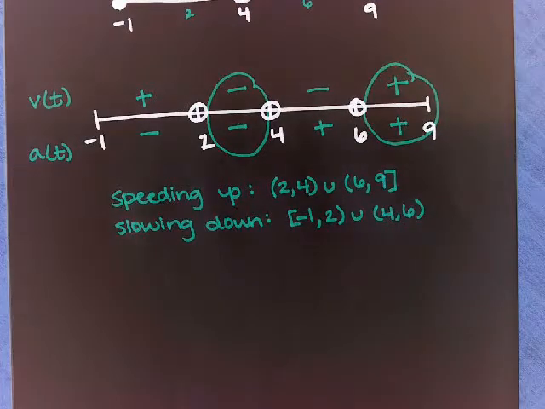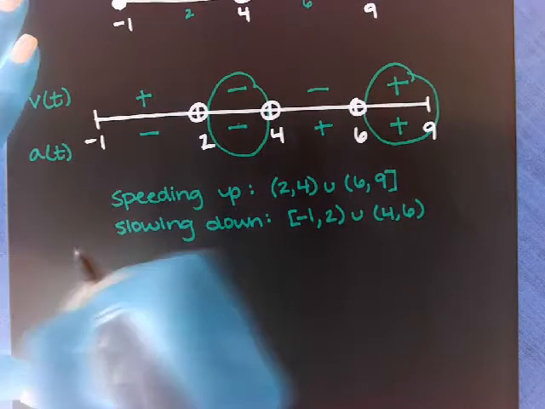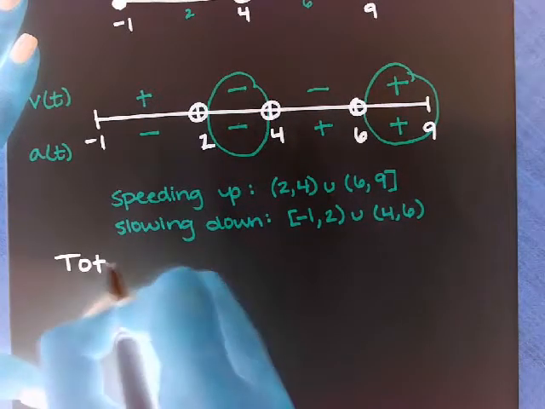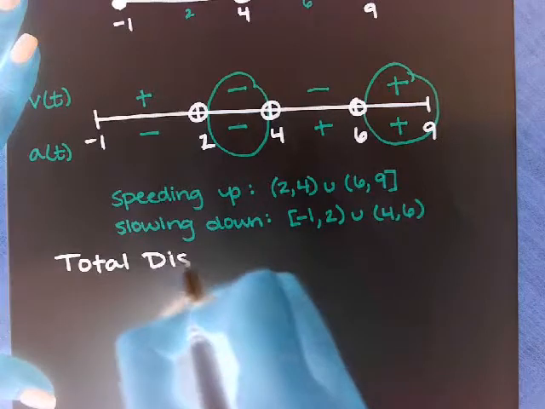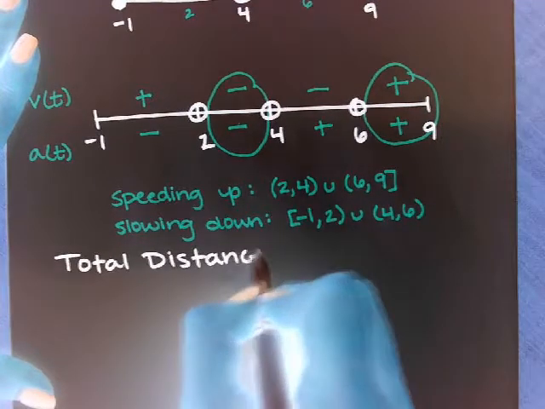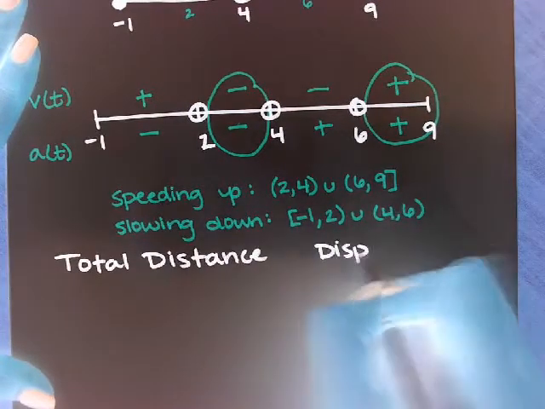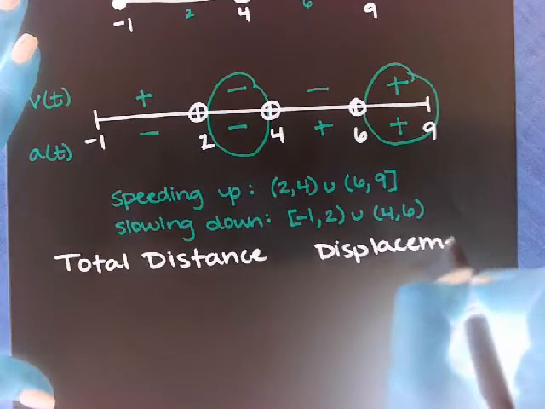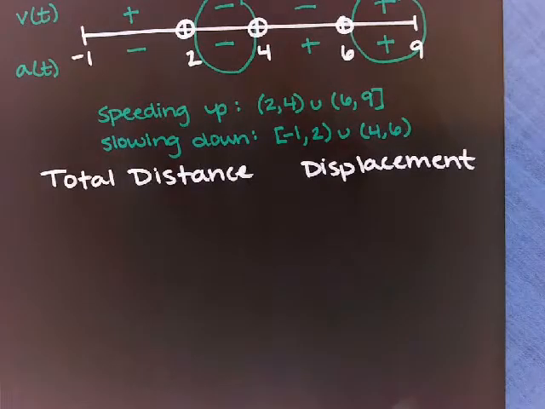Okay, so the next thing we talk about typically with particles is the difference between total distance traveled and displacement, okay? So we're going to calculate the total distance, and we are also going to calculate the displacement. Okay, so I live about 10 miles from school.